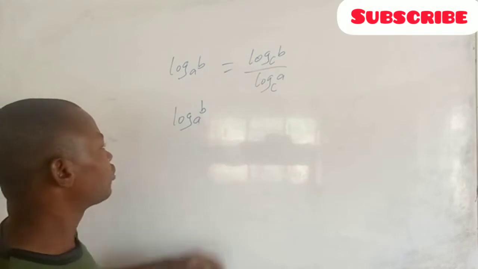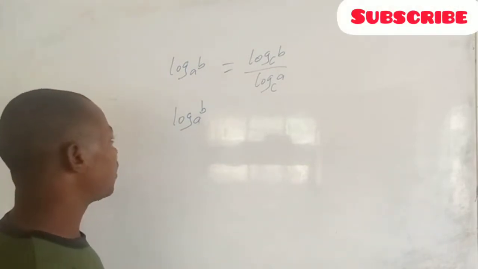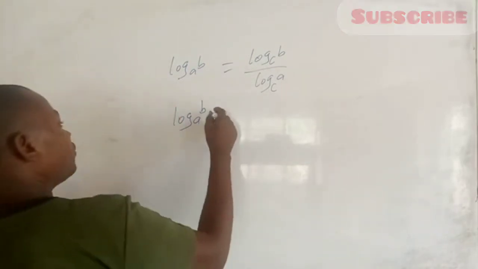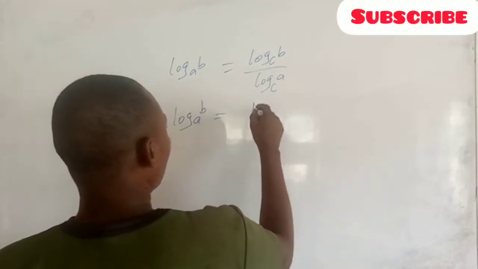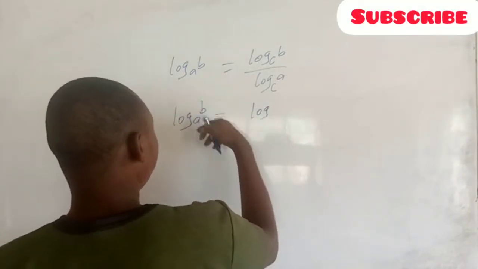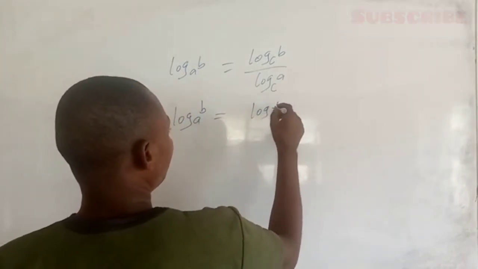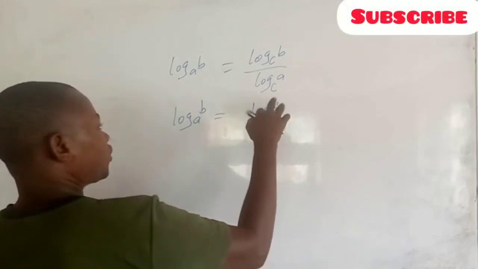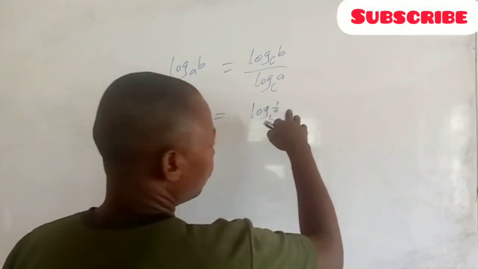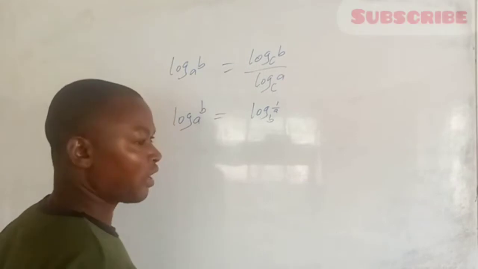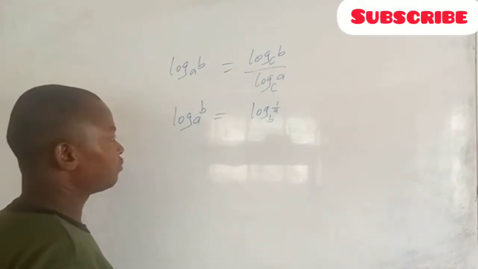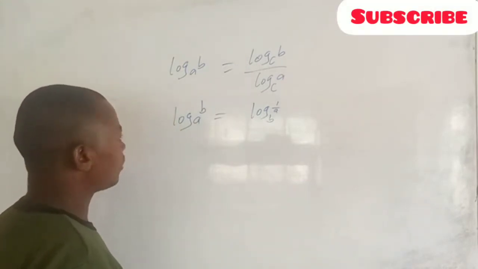So we want it to be in the same base. We can do it this way: it will be 1 over log a of b. So this one will be the inverse or reciprocal. We turn it to a reciprocal, and that's how we usually handle that.